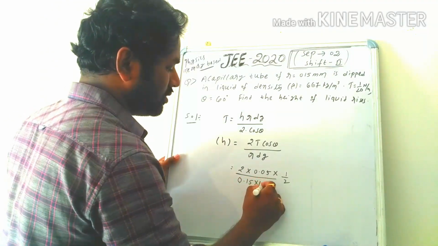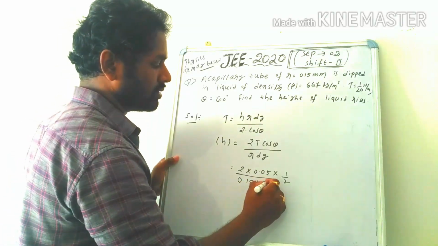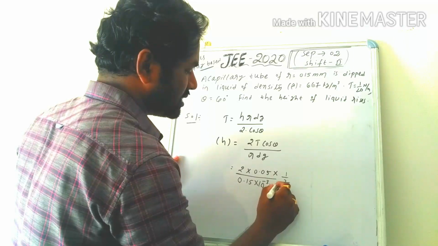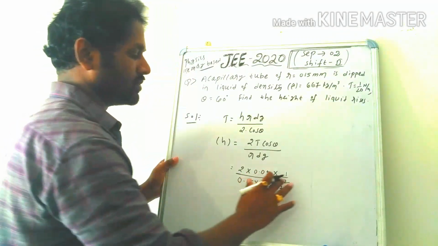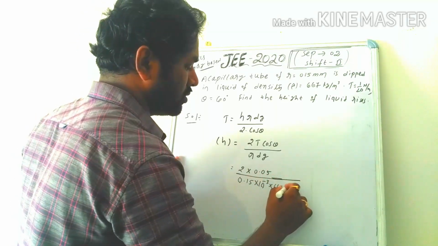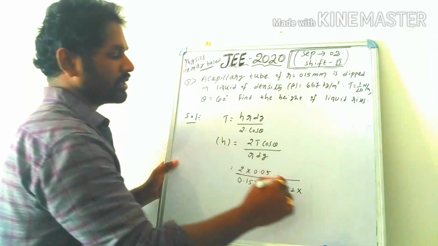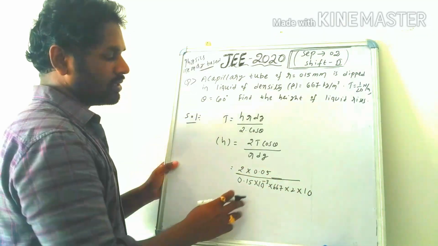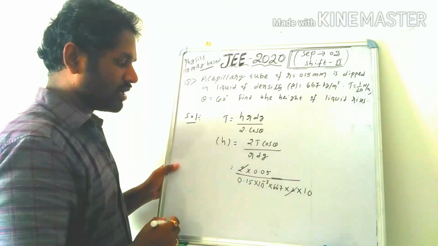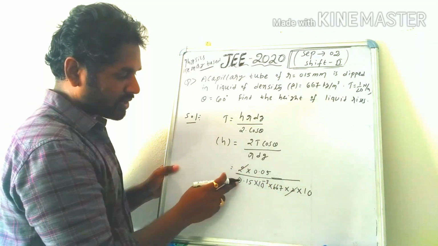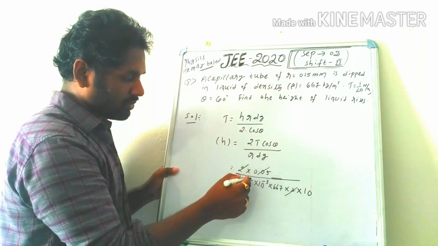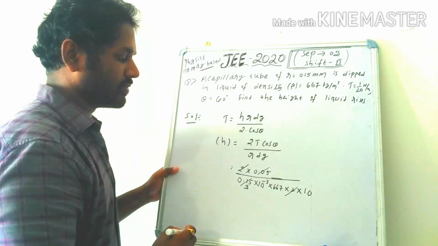So you will get 0.15 into 10 power minus 3, into the density, which is given as 667, into 2 into gravity, which is 10. So if you solve this equation, you can see 2 gets cancelled out, 0.05 by 0.15. You can write it as 5 by 50. So this one will cut here 3 times.